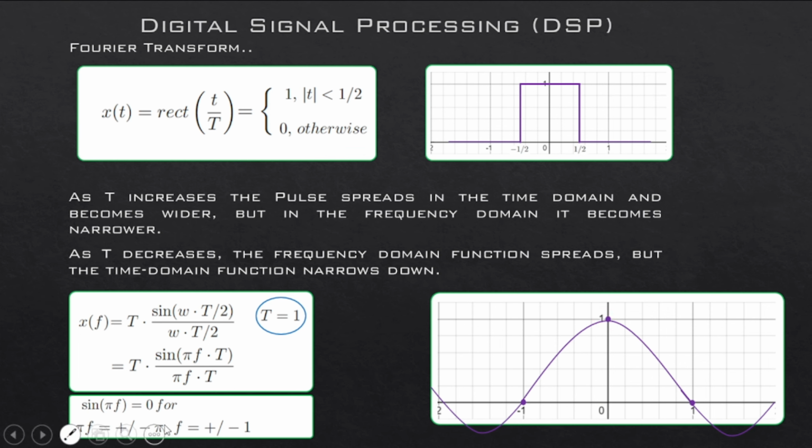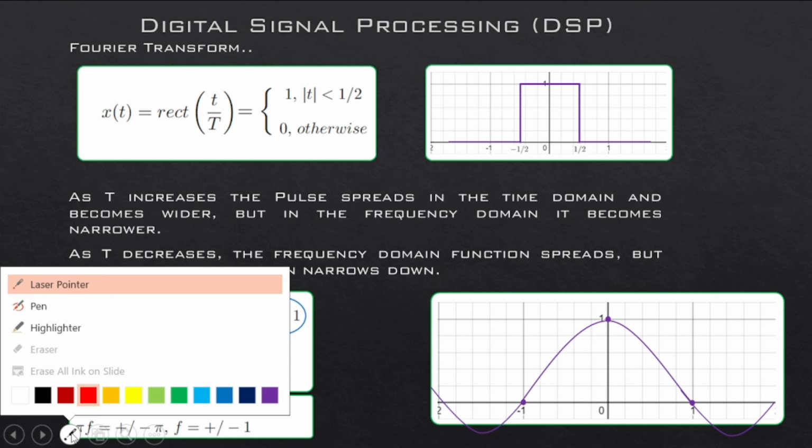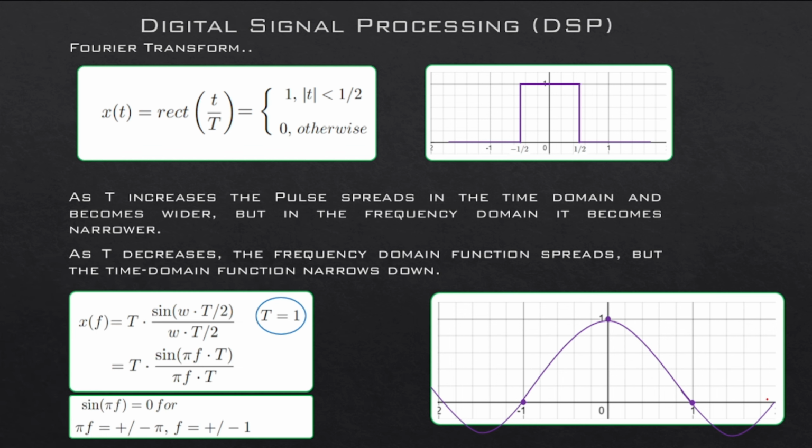Now, for plus minus π, the frequency, because this is the axis of the frequency, by the way, in other words, this is f over here. So for f equal to 1 and minus 1, you have an intersection with the x-axis. So it intersects the sinc over these 2 points.